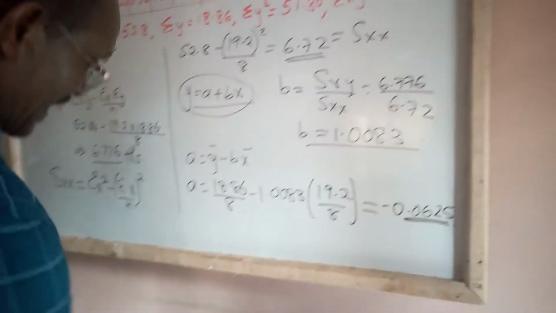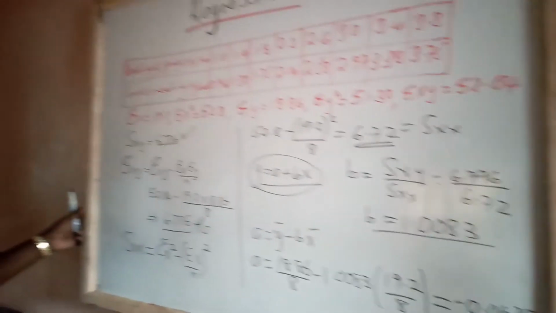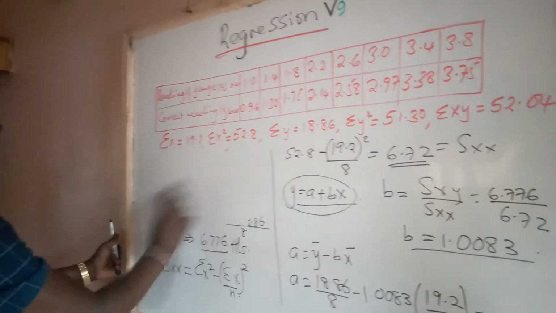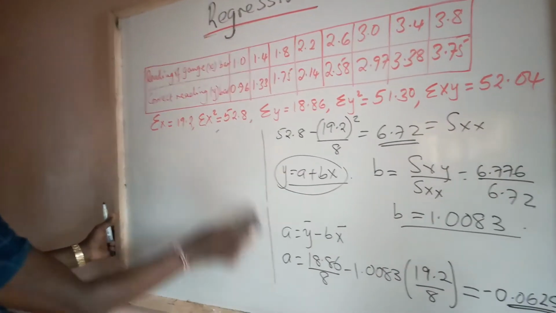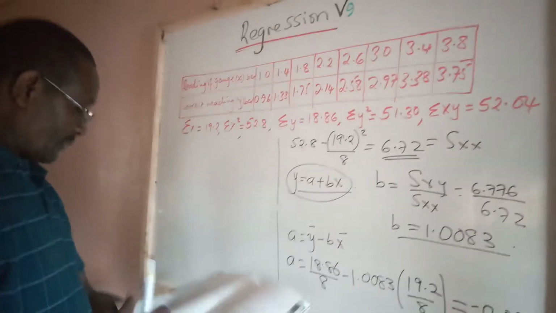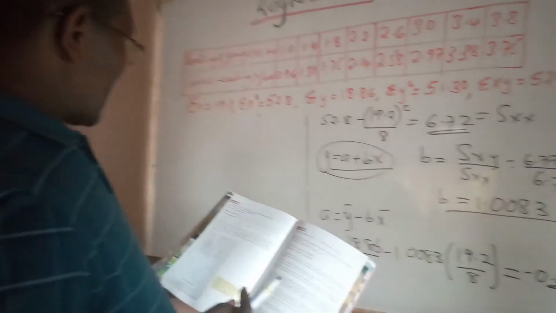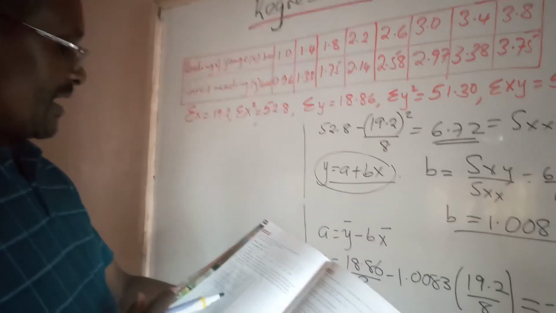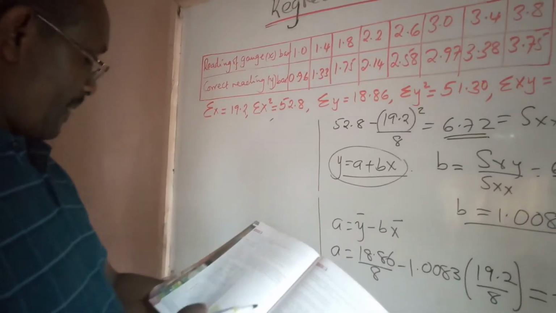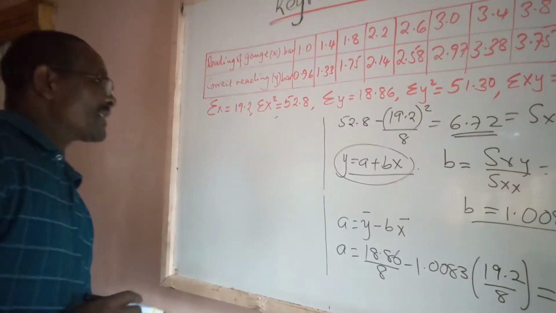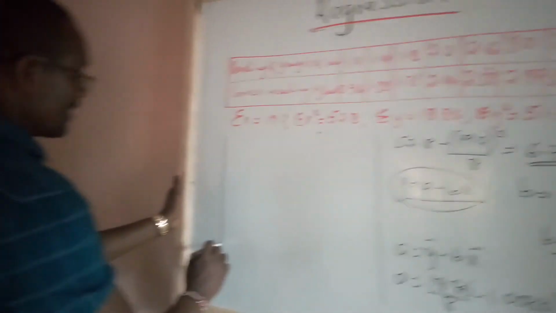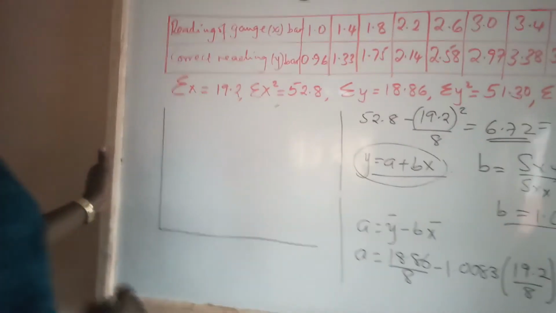Looking at part C of the question, let's answer it here now that we have these values. Part C asks us to draw a scatter diagram to represent this data and draw the regression line on the diagram. The scatter diagram is of y against x.